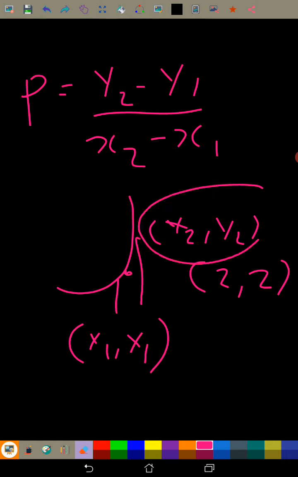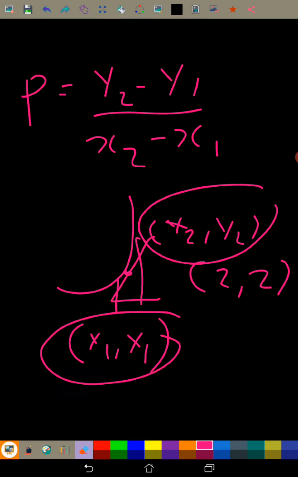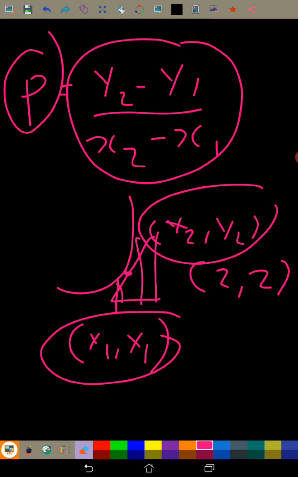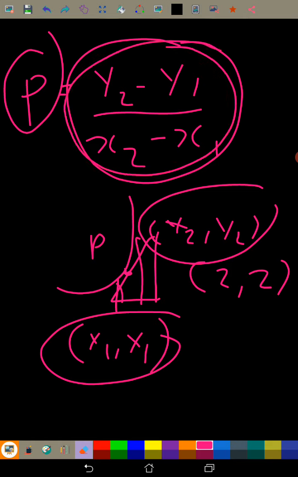If you take these new coordinates around here, to calculate the gradient at point P, which is here, you see that this is a formula for calculating the gradient. Just taking the difference, we can call it delta y divided by delta x.